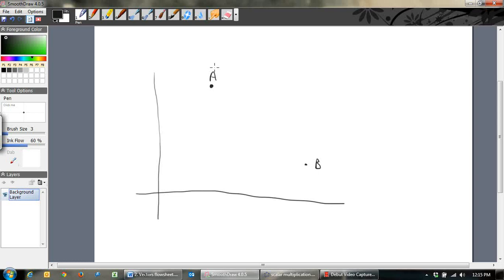If we want to say what is the vector of point A, we need to start from some point. So let's start from the origin, and let's just say that this is 3, this is 9, doesn't really matter. And point B is 8, and that's 2.